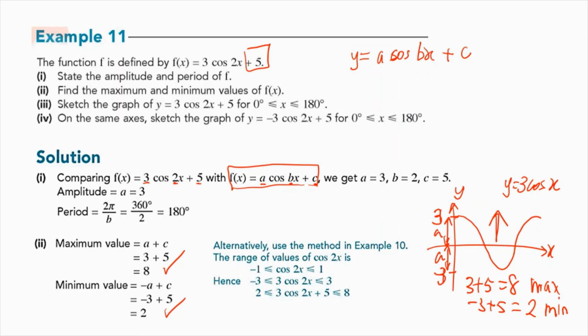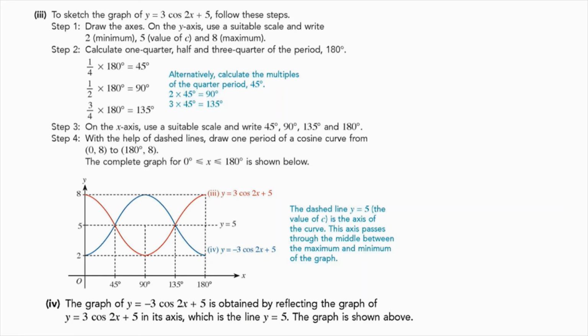Next, sketch the graph. To sketch the graph, we need to draw the x and y axis with a suitable scale. On the axis, we will label 45 degrees, 90 degrees, 135, and 180 degrees. With the help of dash lines, we draw one period of a cosine curve.